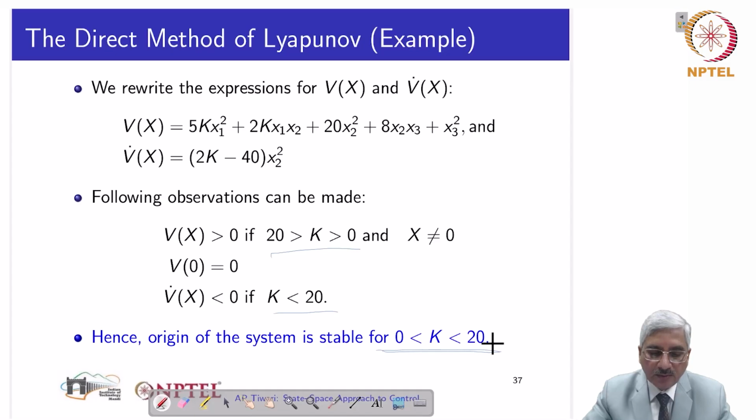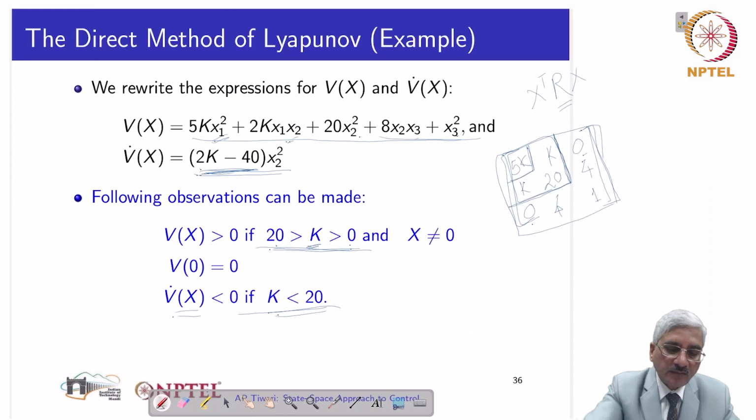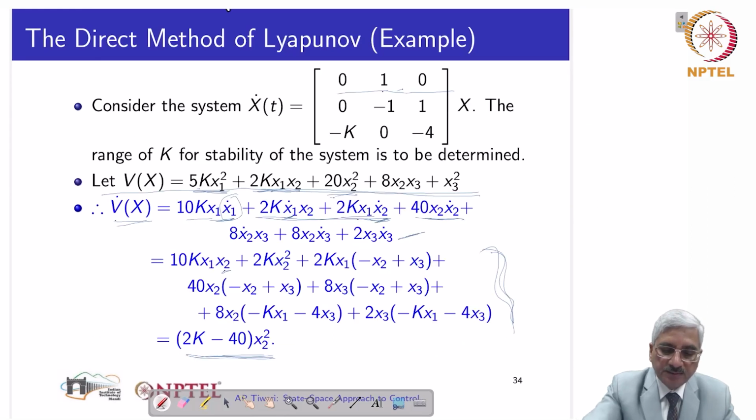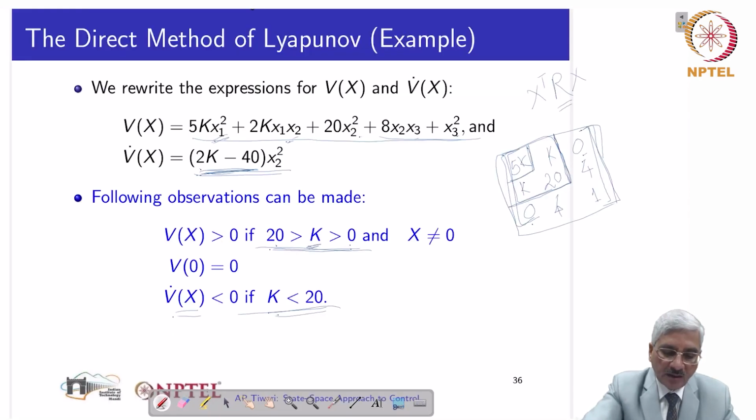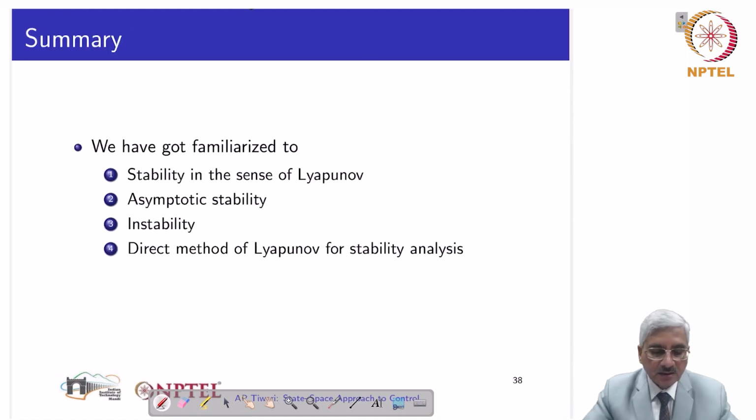This also you can do as an exercise. You can determine by Routh's condition that we get the same answer. You can get the characteristic equation, make the Routh-Hurwitz array, and analyze, so you will get the same condition.